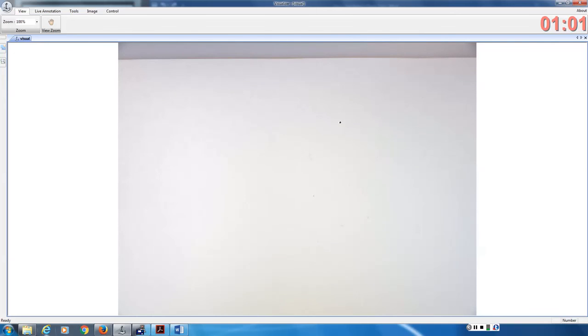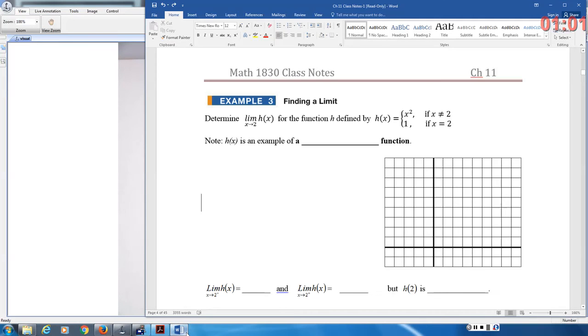The original function is h of x, and it has two different rules that it follows. One of them we've already been looking at. h of x is equal to x squared if x does not equal 2. So if x is numbers less than 2 or x is numbers greater than 2, then we take those numbers and square it.